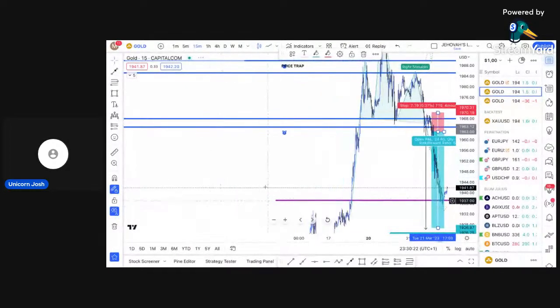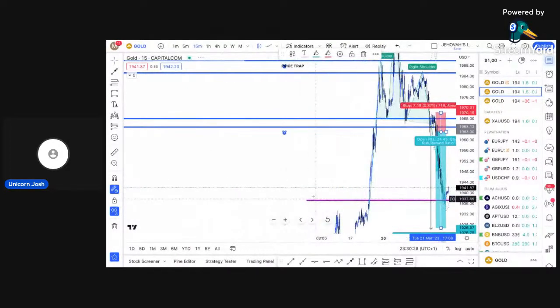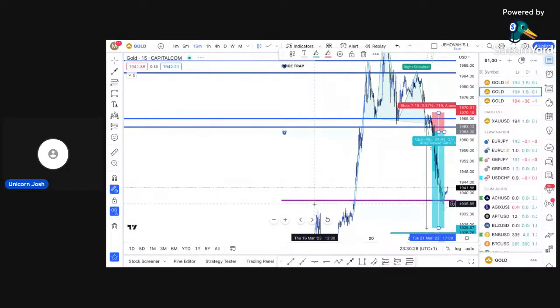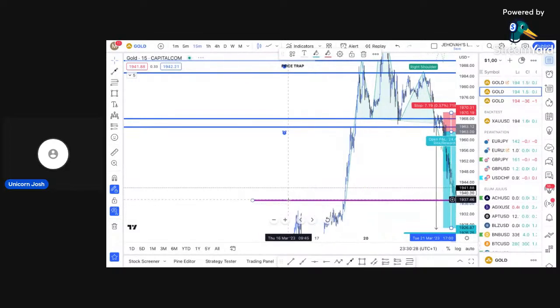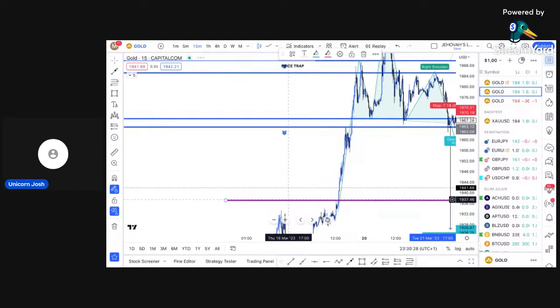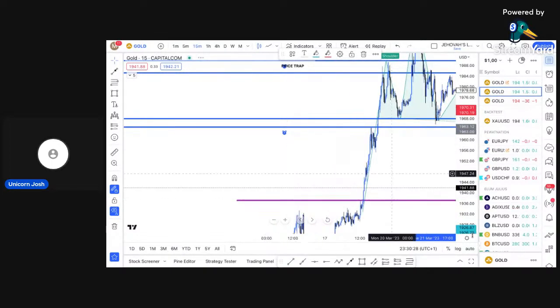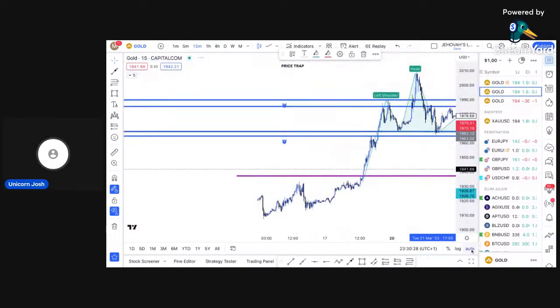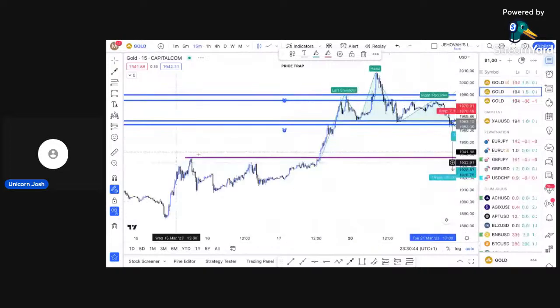This was a powerful resistance at this time, and right now it is working as a powerful support. That is essentially how the market operates. The previous ceiling becomes the present floor, and the present floor becomes the present ceiling. So this was a powerful resistance here, and now it is surely going to become a powerful support.